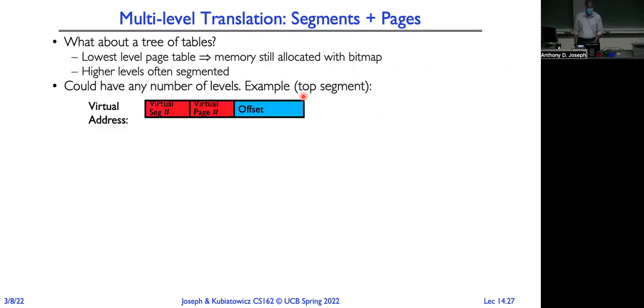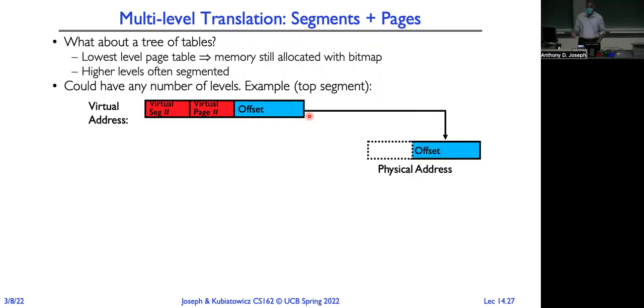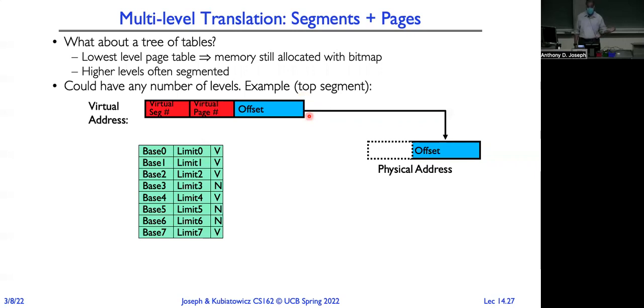So now our virtual address is going to look like this. At the top, we have a virtual segment number, then we have our virtual page number, and then we have our offset. Because our lowest level is a page table with fixed size pages, we can just copy the offset over. For our top level, we'll use a segment map that we store in the processor. Here we have 8 entries, base and limit, and those each point to a page table.